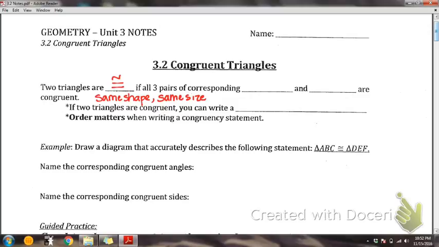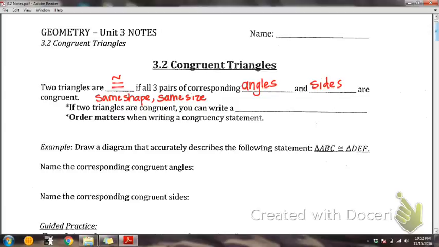So we would say that two triangles are congruent if all three pairs of corresponding angles, right, there's three pairs of angles, and three pairs of sides are congruent. So if three pairs of angles are congruent and three pairs of sides are congruent between the two triangles, then that means that the triangles are congruent.